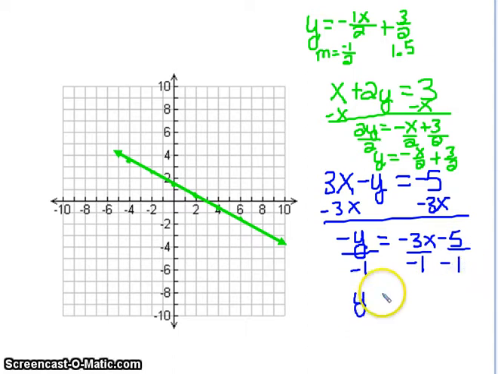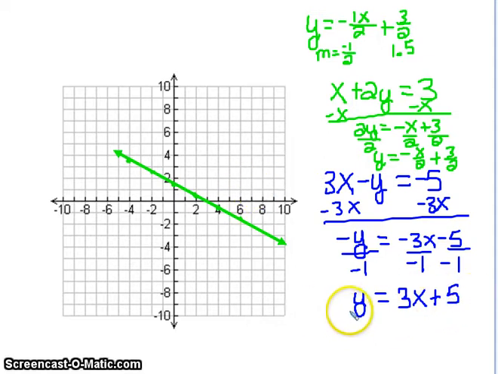If this were an inequality, Zach could scream out fireworks, but we don't have to flip any signs on a system of equations. Negative divided by a negative gives me a positive 3x, and negative 5 divided by negative 1 gives me a positive 5.